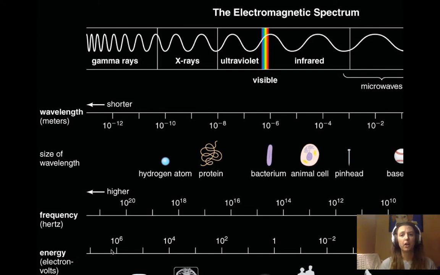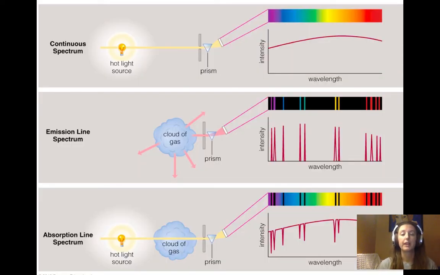So this is all about the electromagnetic spectrum. And the reason we're talking about the electromagnetic spectrum today is because in this particular activity, we are going to examine some spectra of galaxies. So we can learn about what makes up an object by looking at the spectrum.